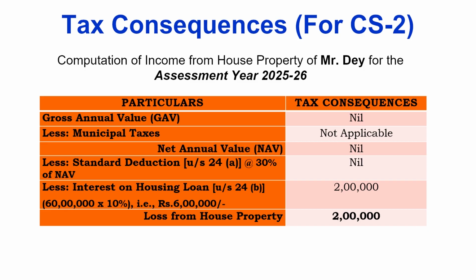Now, less standard deduction under section 24 subsection A, that is 30% of net annual value, so it becomes 0. Now, less eligible interest on housing loan under section 24 subsection B, that is 10% of 60 lakhs, it is restricted to 2 lakhs. So, loss from house property becomes 2 lakhs as shown in the picture.